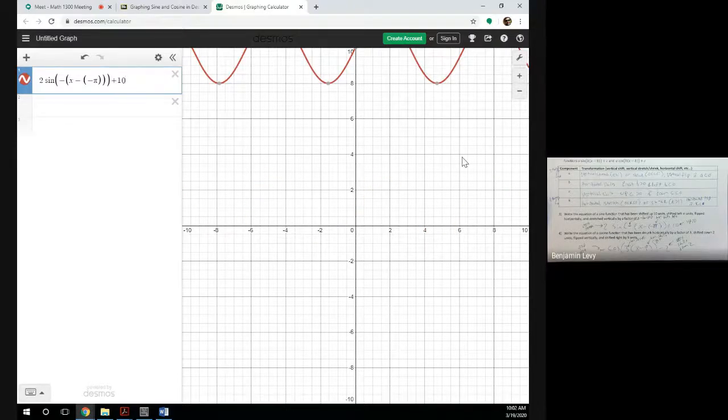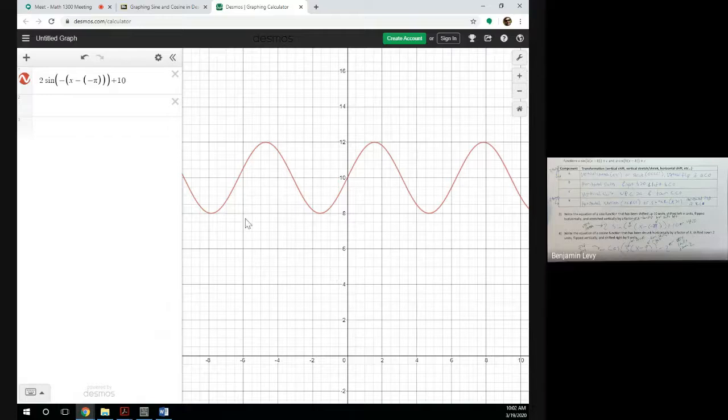And when we do that, you can see it looks like this. It's got the sine shape, except it's been stretched, moved up, flipped horizontally. It's done all the things, and that's what this graph looks like. You could do the same thing with cosine, or with any graph, to see what it looks like.